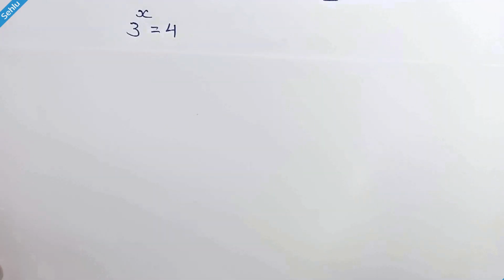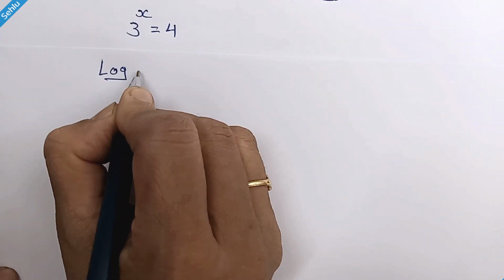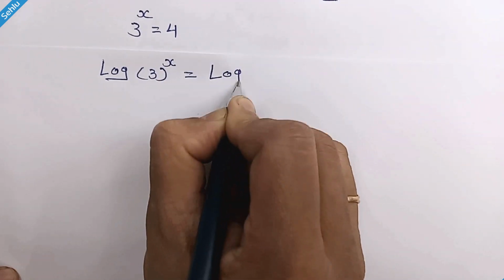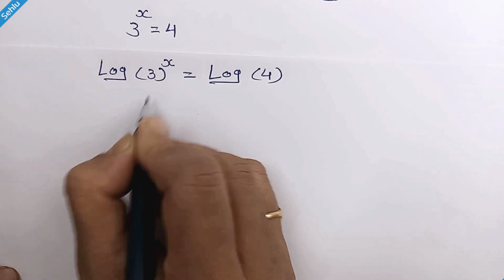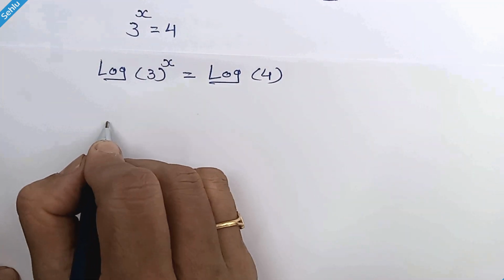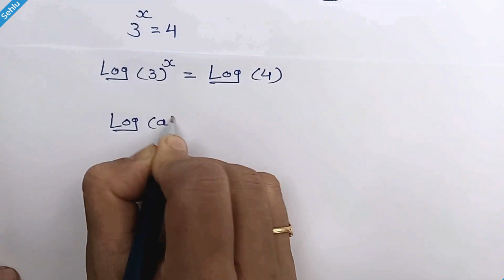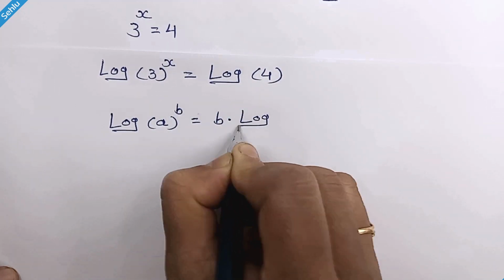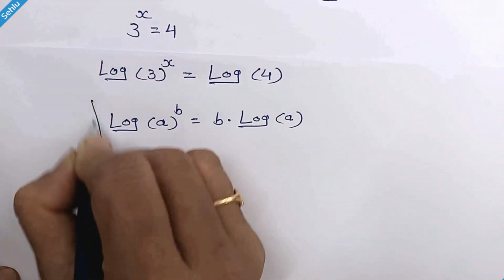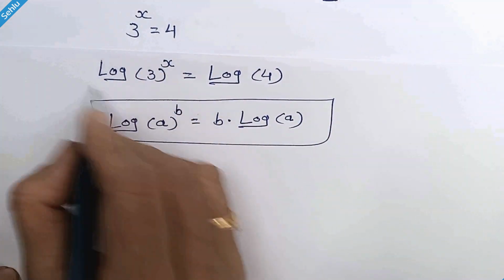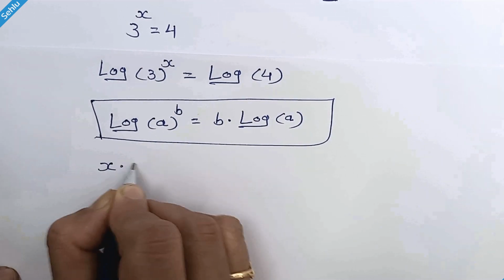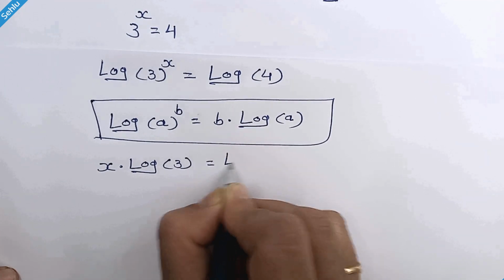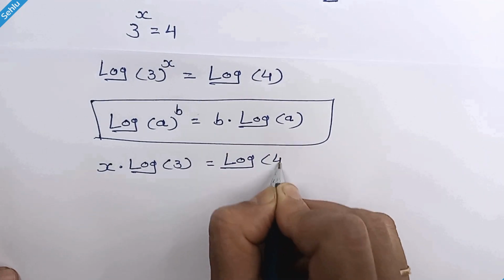From here we need to take a log. log of 3^x is equal to log of 4. Now this x can come out as a factor, because if we have log of a^b, then it can be b times log of a. So this part can be written as x times log 3 is equal to log 4.